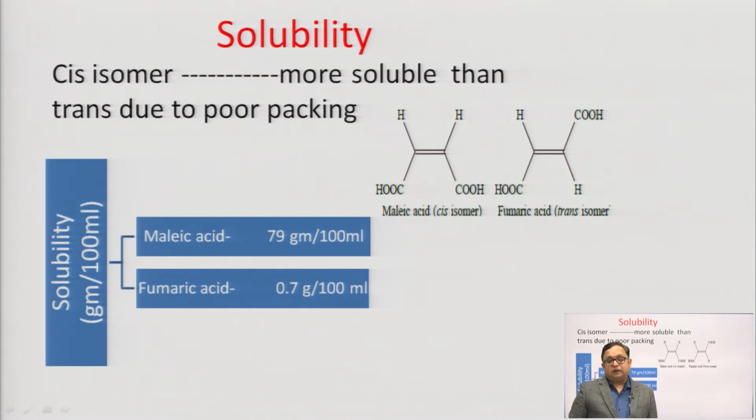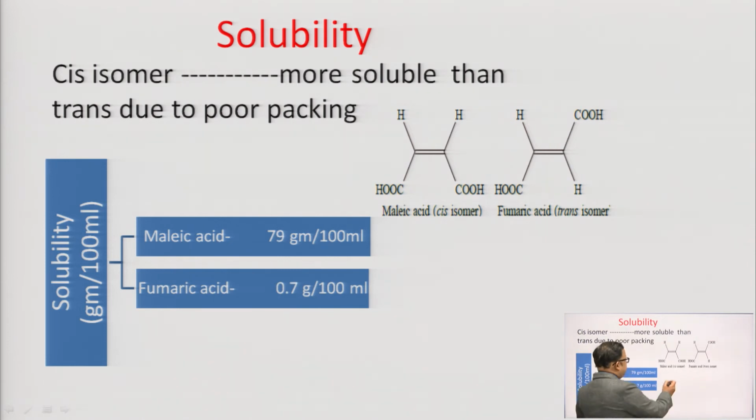The next property that we can again use for the determination of configuration is solubility. As a general statement, cis isomers are more soluble as compared to the trans isomer, and the reason again is the poor packing, symmetry.